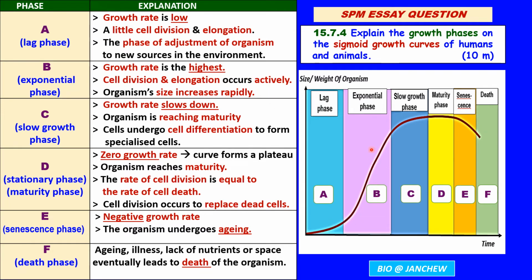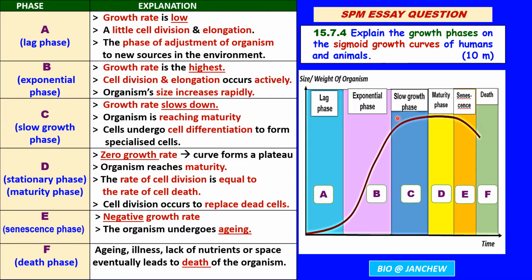So here the growth rate is the highest, as we can see from the gradient of the curve. It is the steepest, right? The gradient is the biggest. And the organism size increases rapidly as cell division and elongation occurs actively. All right, so that's the exponential phase.